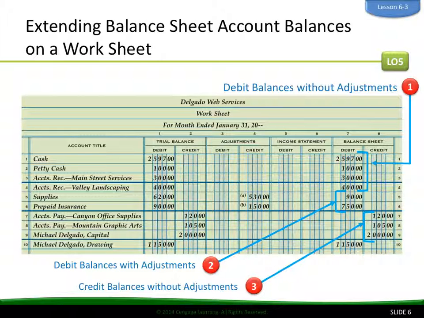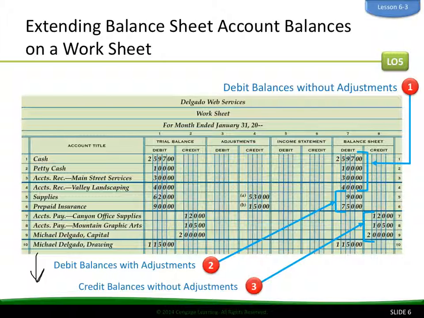Okay, I'm going to go sort of slow, so bear with me and be patient. This is the worksheet that we've been working on all chapter. We learned how to put in all the accounts, and there are more accounts than line 10. These are just the debit balances without adjustments.